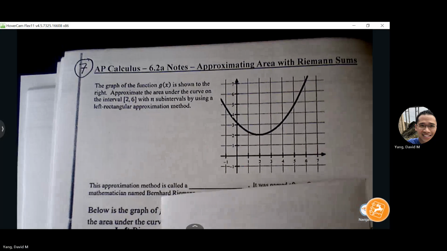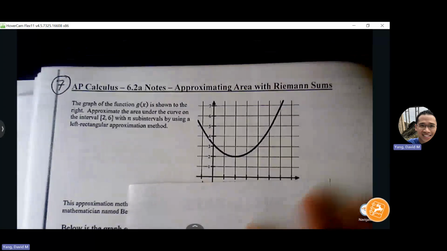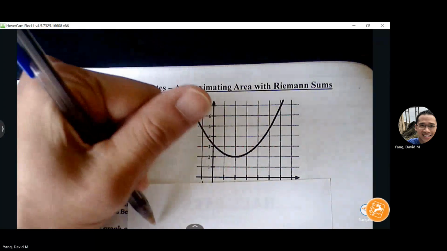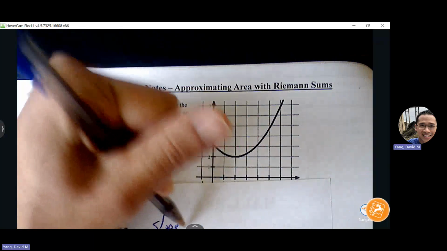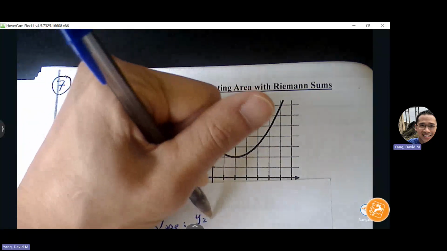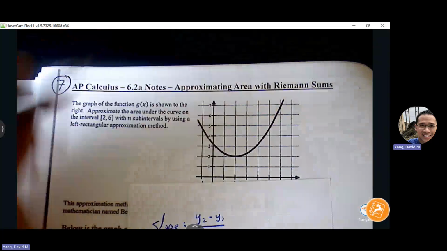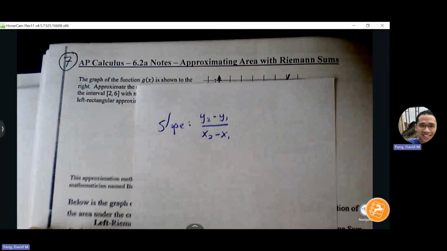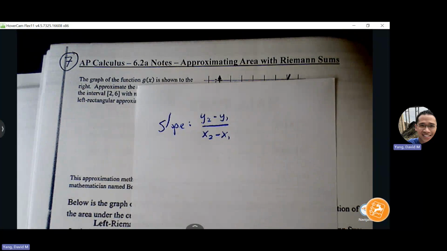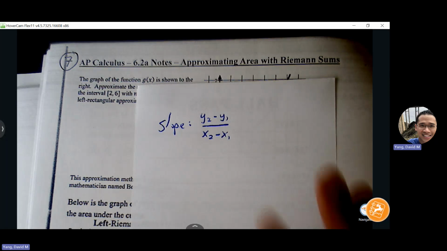Let's say I had, we know what slope is, right? Slope is just y2 minus y1 over x2 minus x1, right? And derivative is just a fancy word for slope, right? Rate of change. Anything derivative is rate of change related.